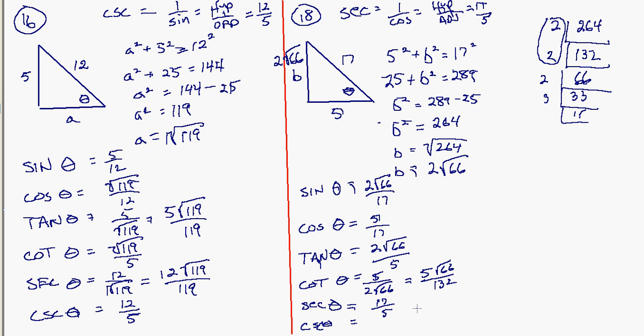Okay, and that can be changed to 17 square root of 66 over 2 times 66, which is 132. Okay.